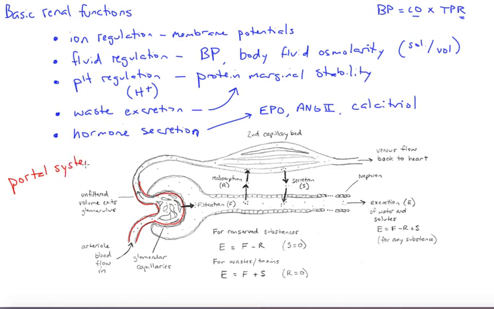There aren't a lot of them in the body. There's a few. But a portal system is when we have 2 capillary beds in series. In other words, it goes arteriole, capillary bed, portal vessel, this is also called an arteriole, and then a second capillary bed. Then we would go to the venous circulation. So instead of 1 capillary bed, we have 2.